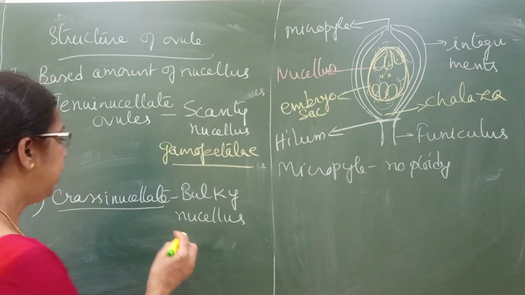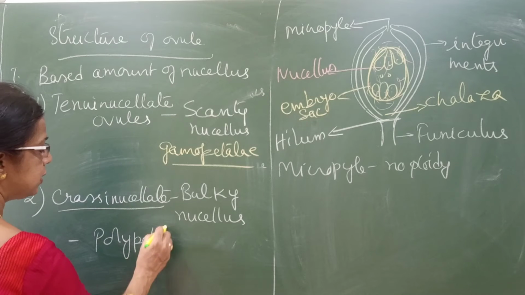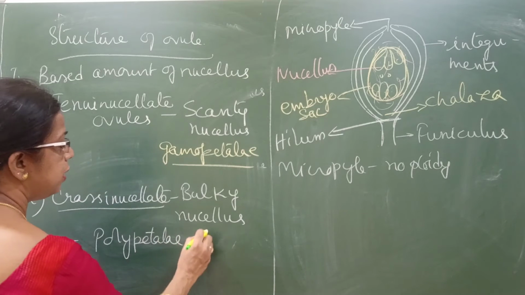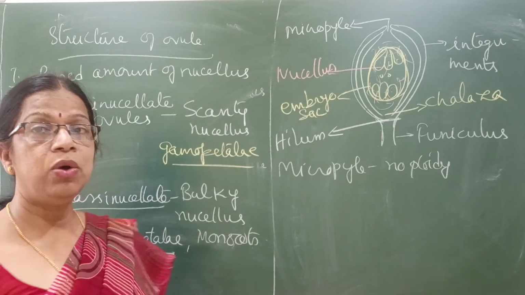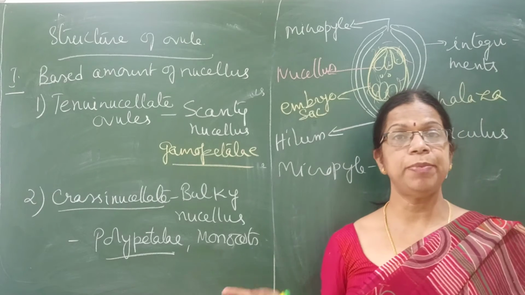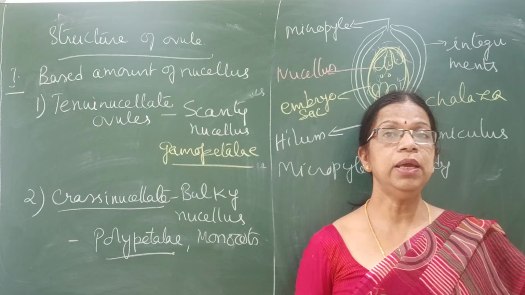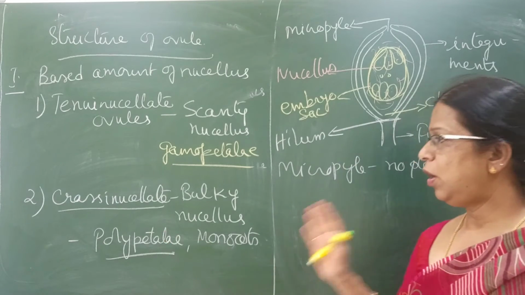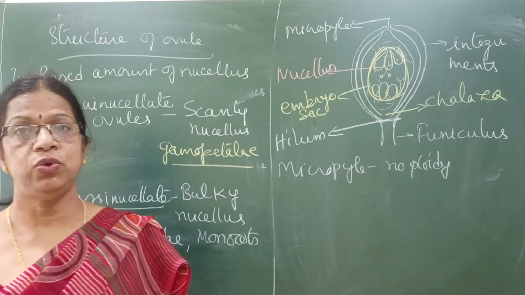Here we have the examples of polypetalae members of dicots and also monocots. Many polypetalae members and all monocots show the crassinucellate type of ovules.